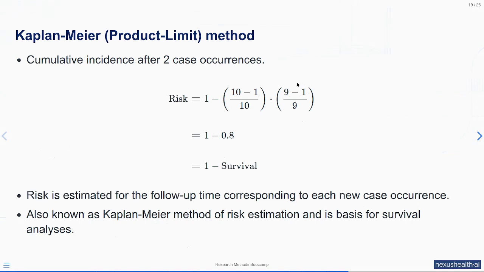So the probability of surviving this second time interval is independent of the probability of surviving this first time interval. So this is the assumption that underlies it, so that's why we multiply.